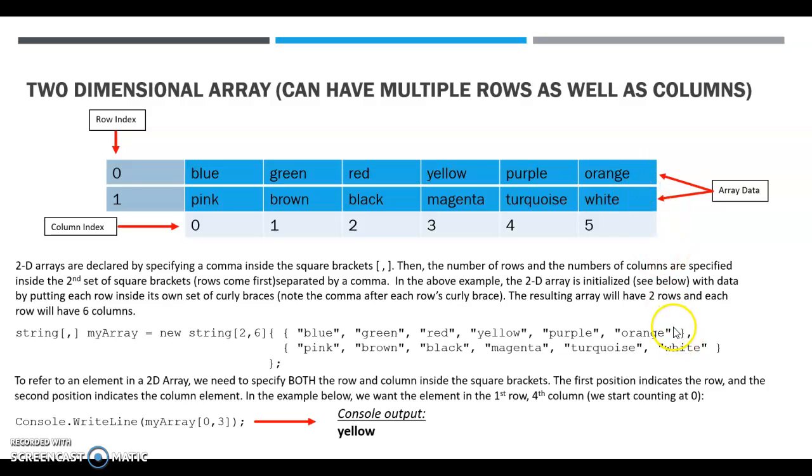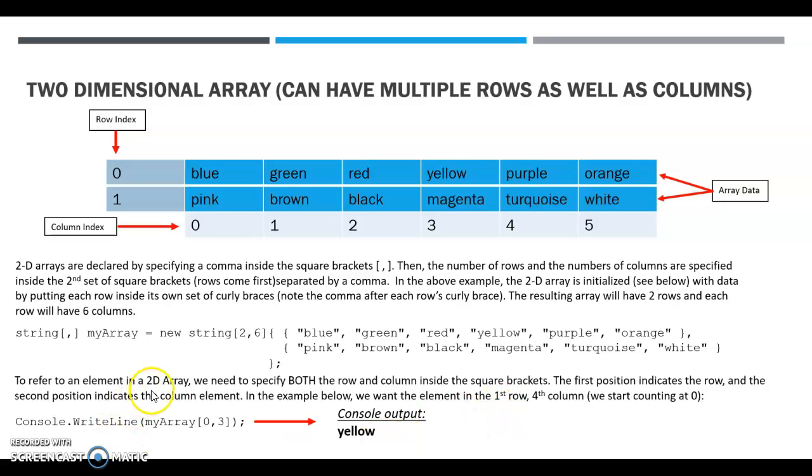The final orange has no comma after it. I end my curly brace, put a comma, and then start the next row with a curly brace, put the data in there, and end with a curly brace. I put these in between the outside curly braces, and then my semicolon. What that's going to do is create this array of 2 rows with 6 columns, and put the data in them.